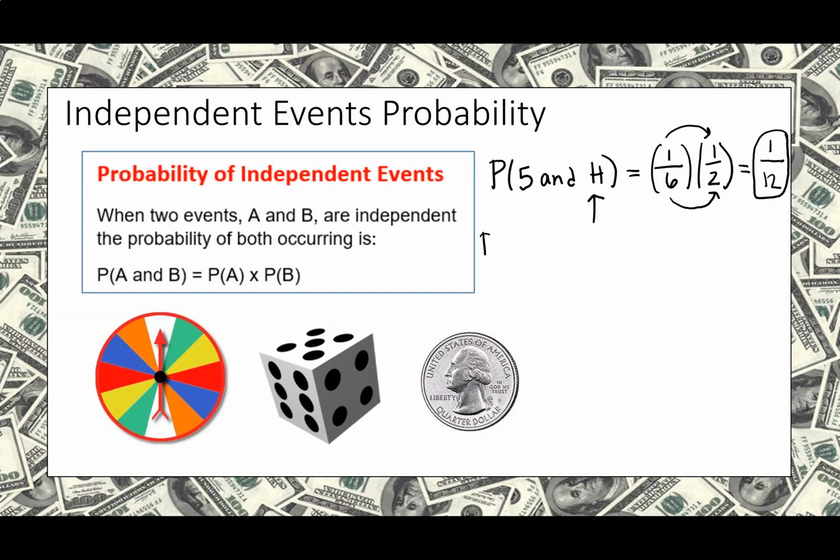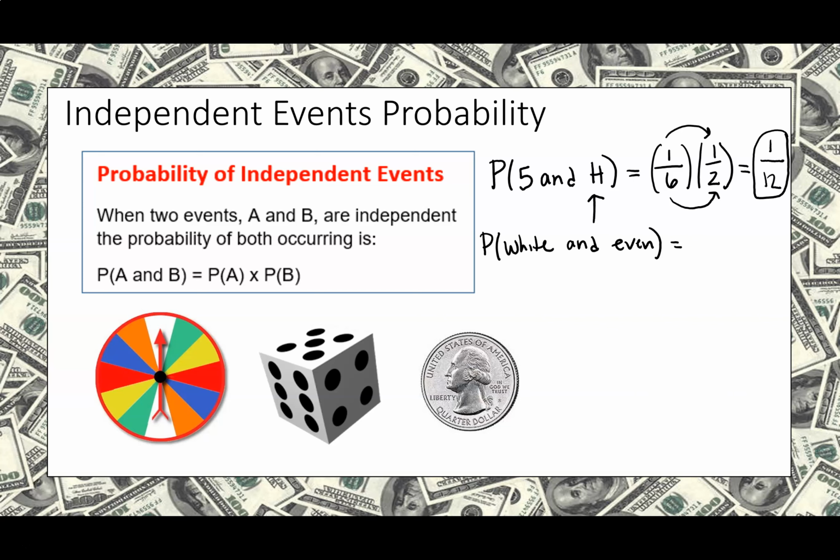How about this? What's the probability of spinning a white on this spinner right here? There are 2 options for white, as you can see. And then what's the probability of rolling an even number? Let's focus on the probability of getting a white. How many whites are there?